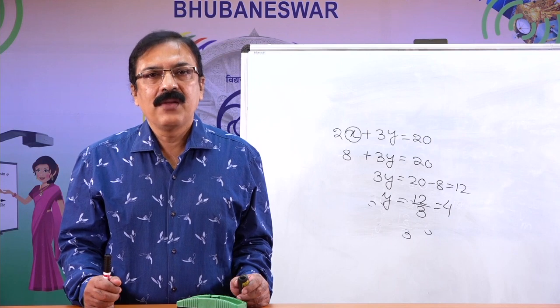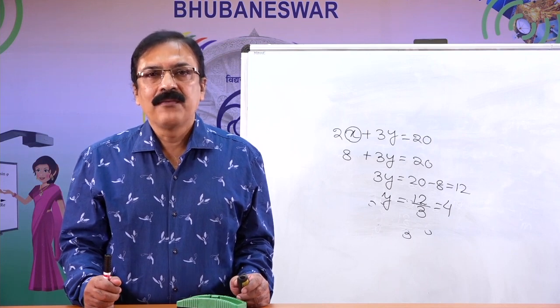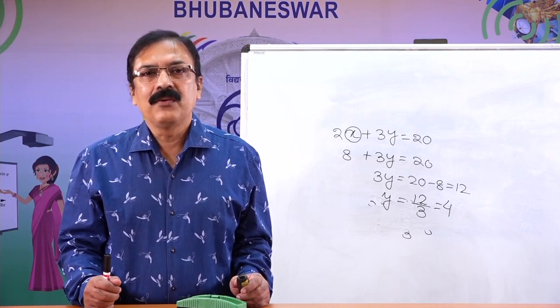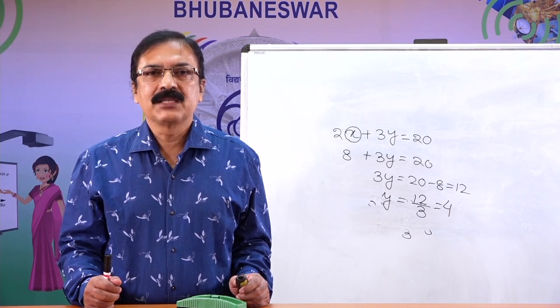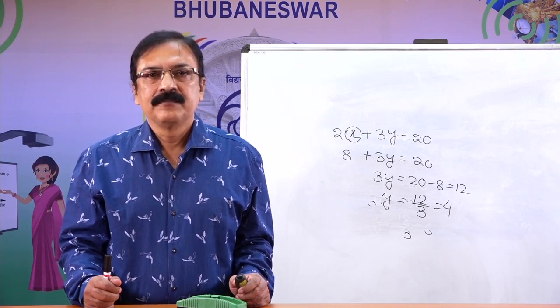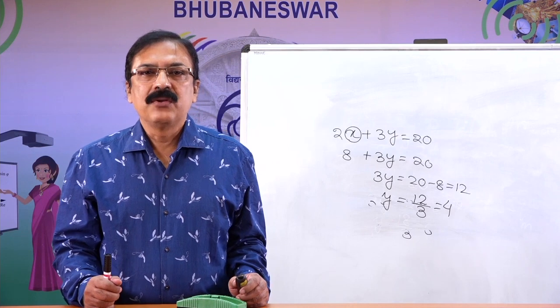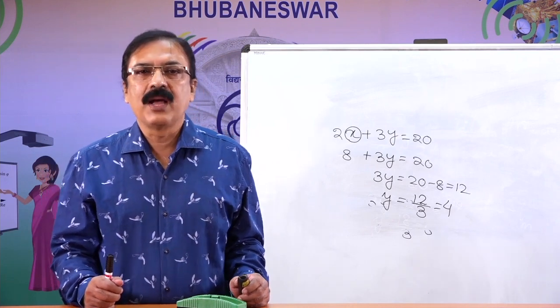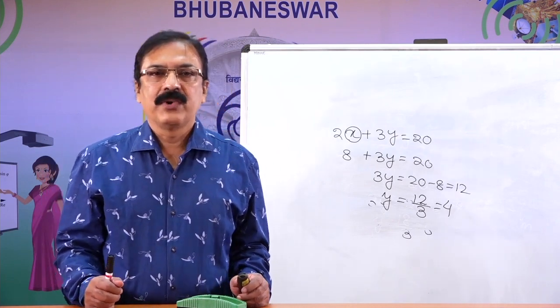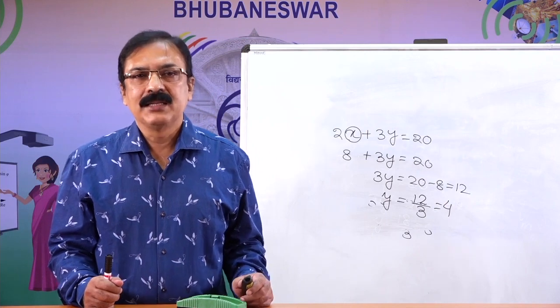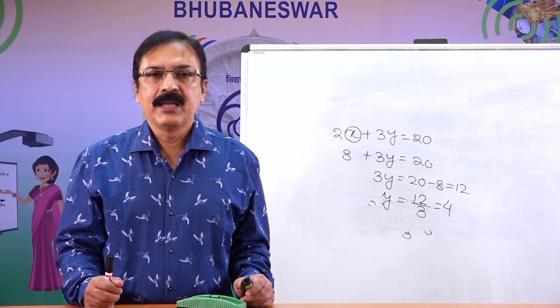So for any value of x, we will have one and only one value of y that satisfies this equation. The solution of 2x plus 3y is equal to 20 are (1, 6)? and (4, 4).